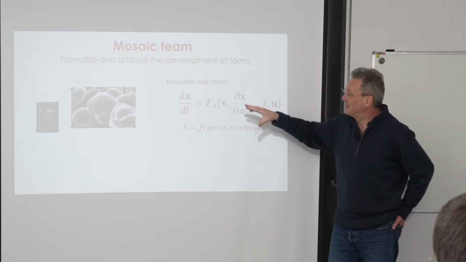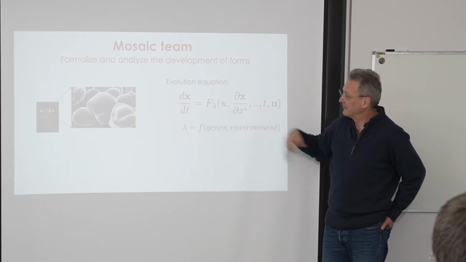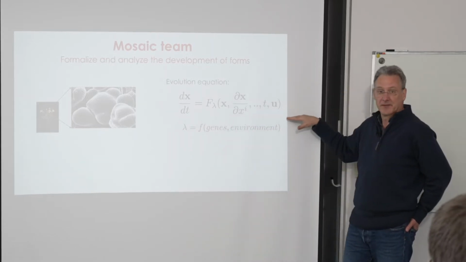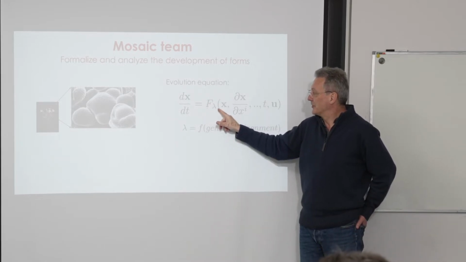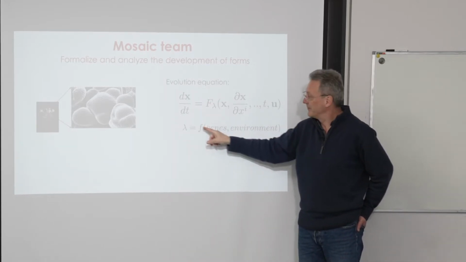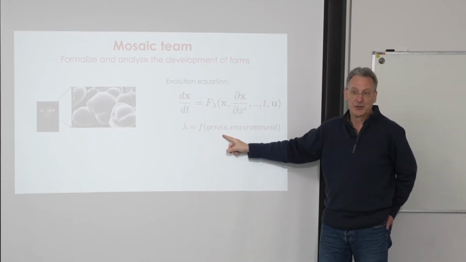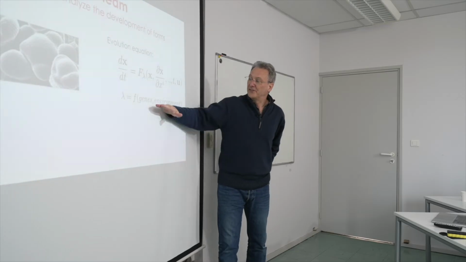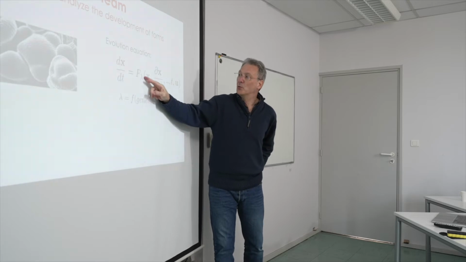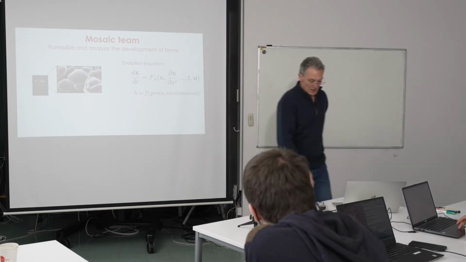So if we want to describe this system by a differential equation, by a dynamical equation, we would need to write something like this. Here I say that the function that controls the variation of the system depends on a certain parameter, lambda, and this parameter is itself a function of the genes or of the environment of the system. Okay? So the genes will modify the way the increment of state will change according to f.